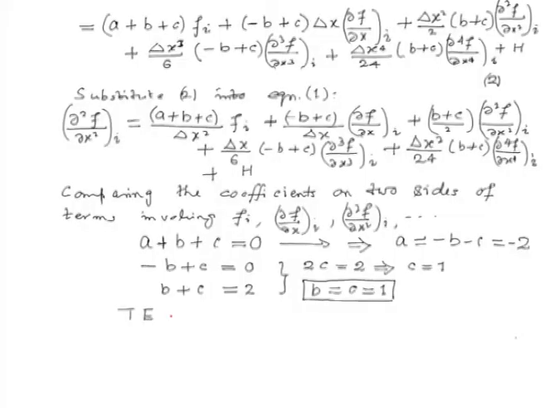So our truncation error is basically delta x square divided by 12. We substitute for b and c here. So b plus c we get 2, 2 by 24, that gives us 12. So delta x square by 12 del 4f over del x4.